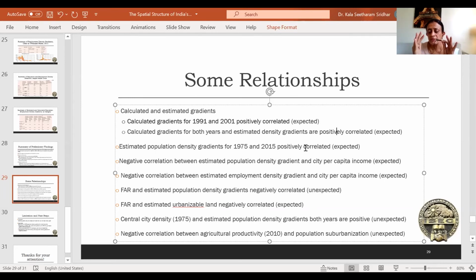Because if the city was compact, then the central city would not be so stressed. And if the central city was actually stressed, then you would expect more suburbanization. So we had expected a negative relation, but we found a positive one. And we also found a negative correlation between agricultural productivity and population decentralization, whereas we had expected a negative relation.